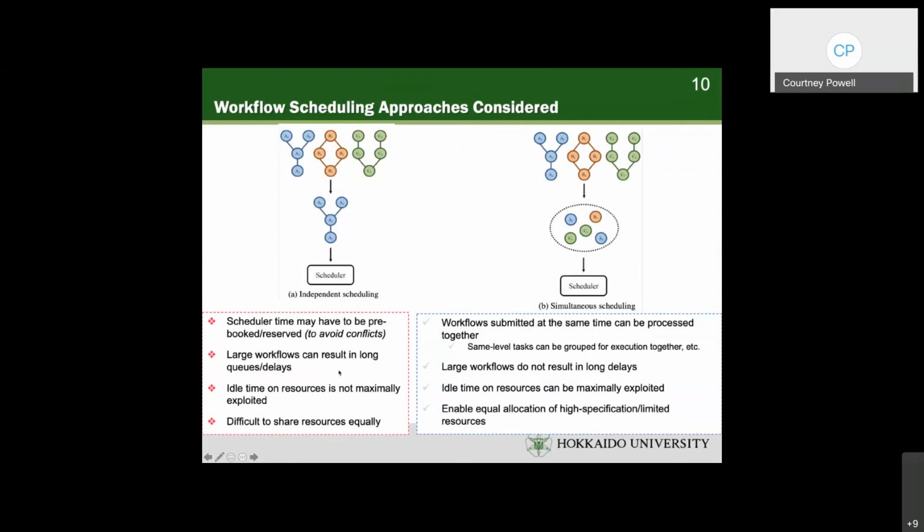Large workflows can result in long delays, etc. Whereas in simultaneous scheduling, workflows that are submitted at the same time can be processed together, and idle time and resources can be maximally exploited. And where we have limited amounts of high specification resources, then we can allocate those fairly to different work groups more easily.